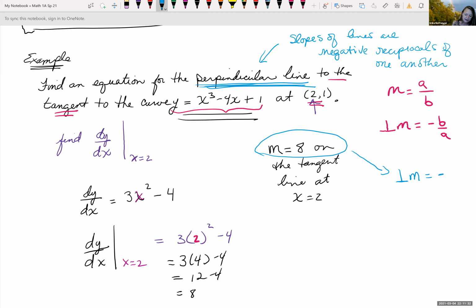I can think of 8 as 8 over 1, so flipping 8 over 1 is 1/8. So negative 1/8 is the slope I need. And I have a point on the line. They already gave me my point, which is (2, 1).